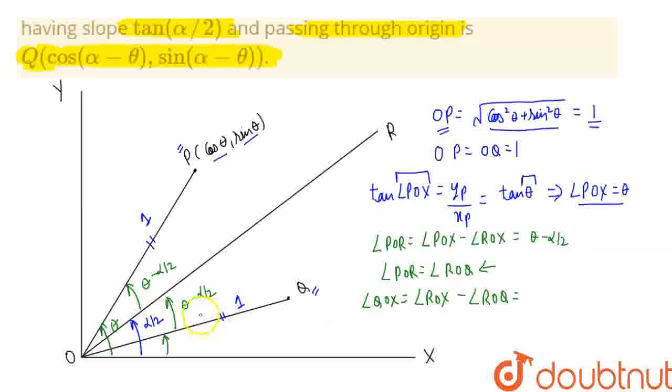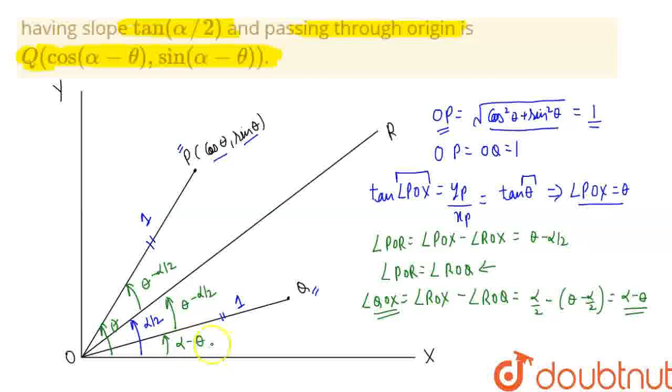And on further solving we get the angle QOX as alpha by 2 minus theta minus alpha by 2, that is alpha minus theta. So the angle QOX is alpha minus theta. So this angle QOX is now alpha minus theta.